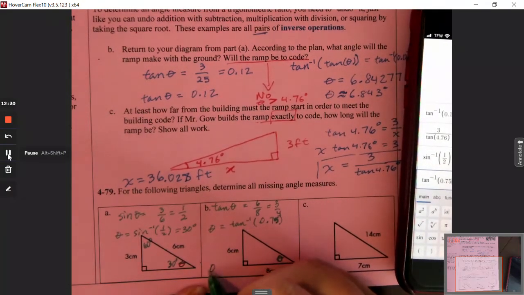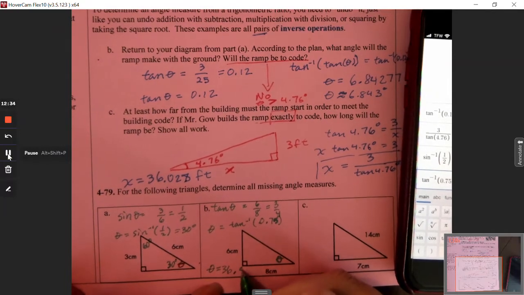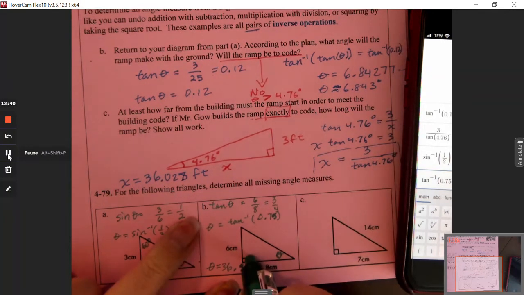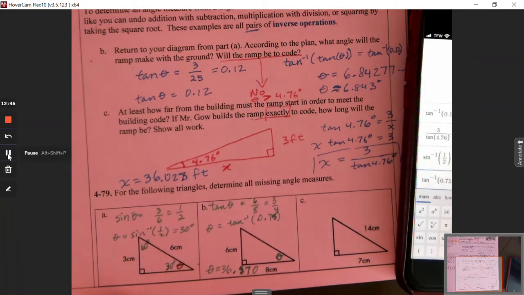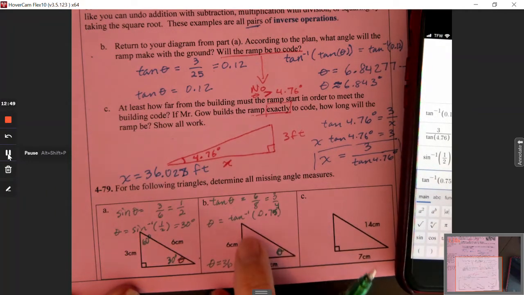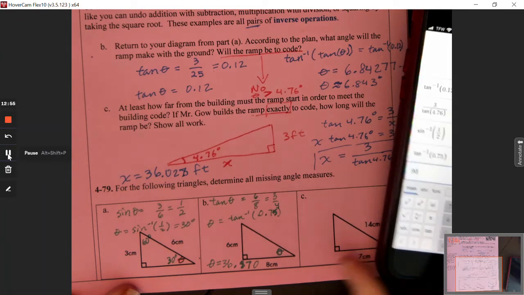That's what ANS means. I just pushed ANS, and that's what populated on the calculator. So my other angle up here, I'll use purple for that one, is 53.130. And those two angles should add up to 90.